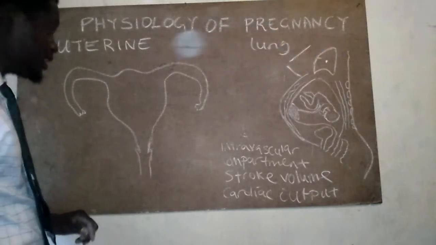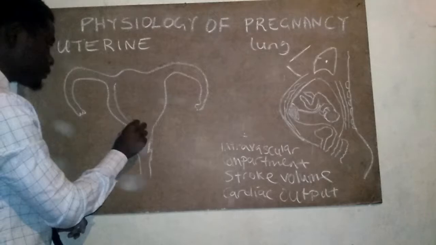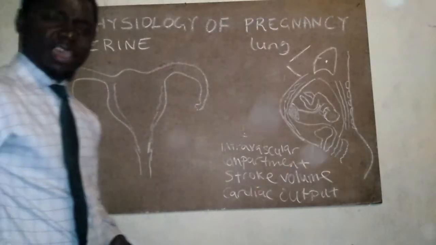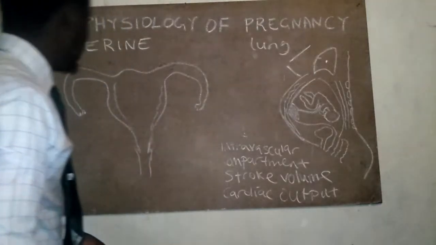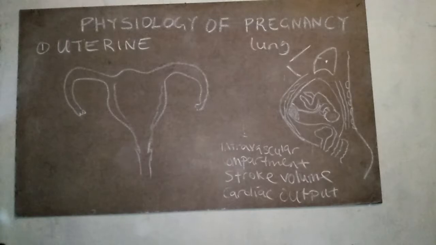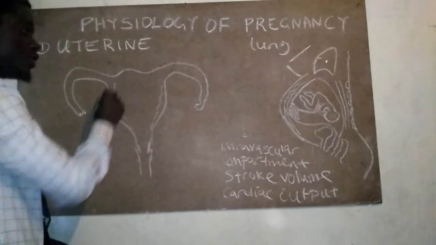So this is the uterus, and this is the layer of the uterus, the endometrium, and we want to talk about the uterine changes that happen when we are talking about pregnancy, the physiology of pregnancy.